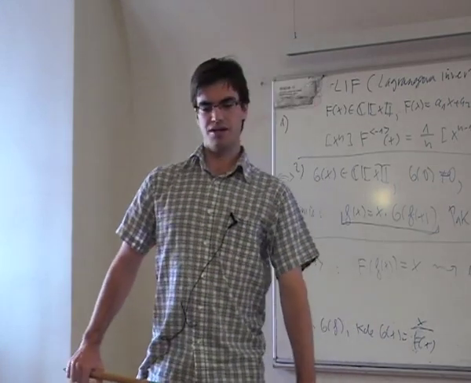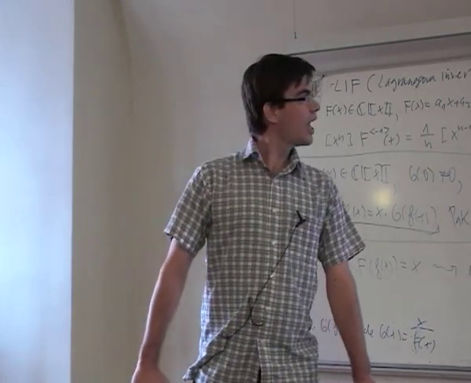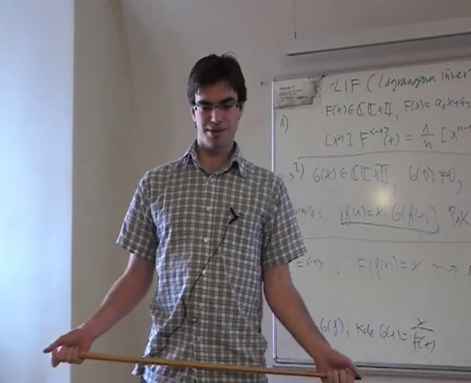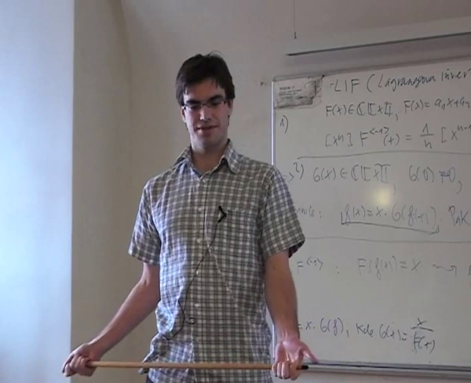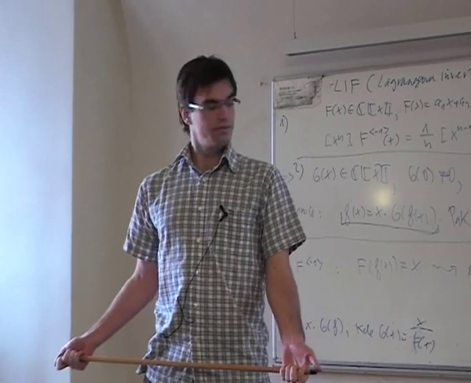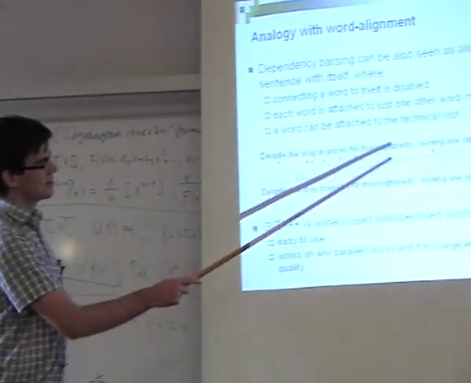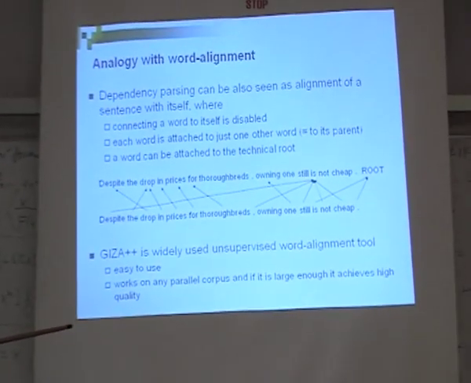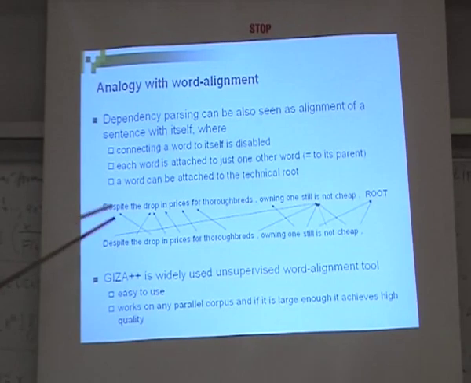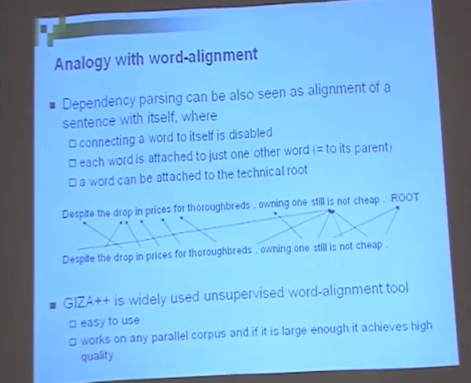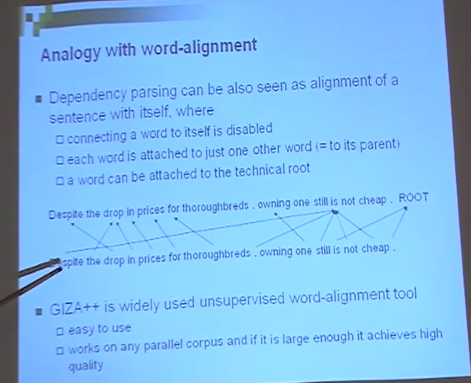There is some analogy with word alignment, because dependency parsing can also be seen as alignment of a sentence with itself. In this example we align the sentence with the same sentence. Connecting a word to itself is disabled, and then it is the same as alignment.